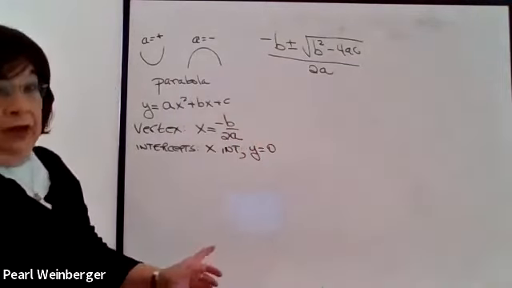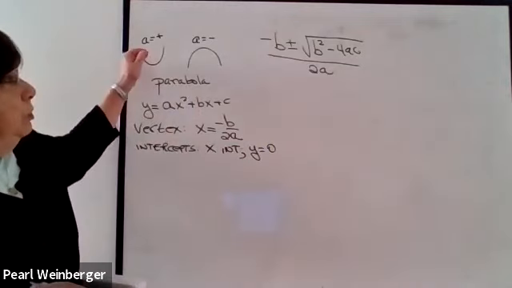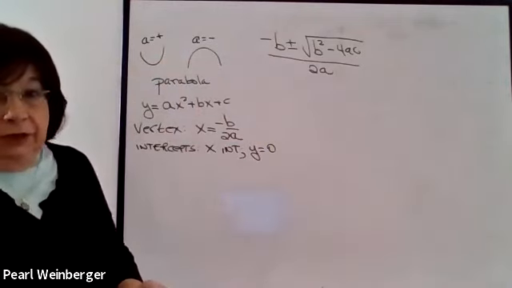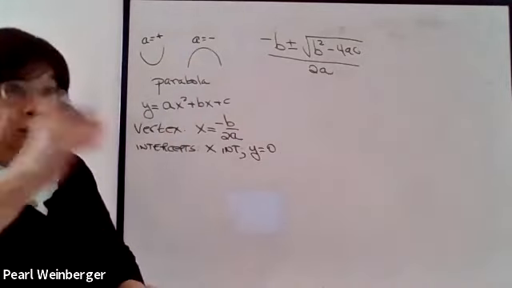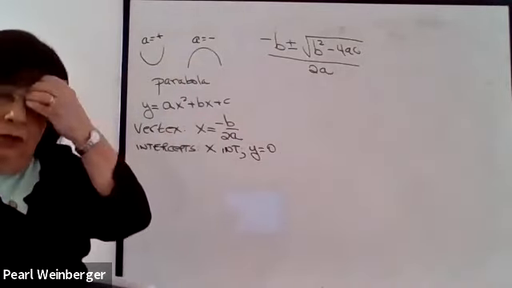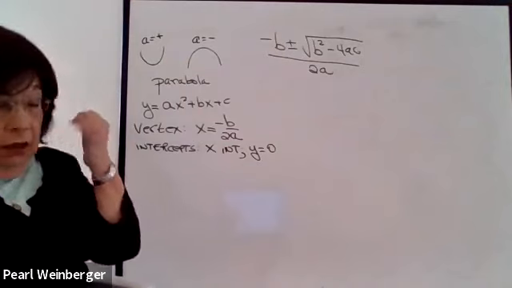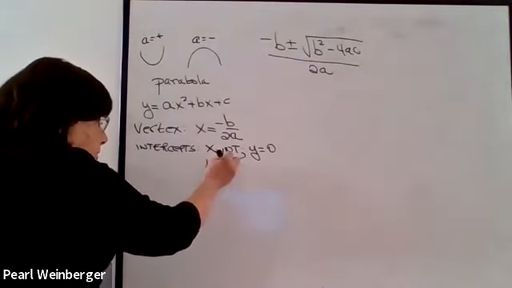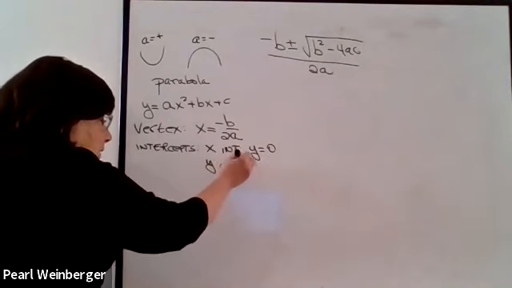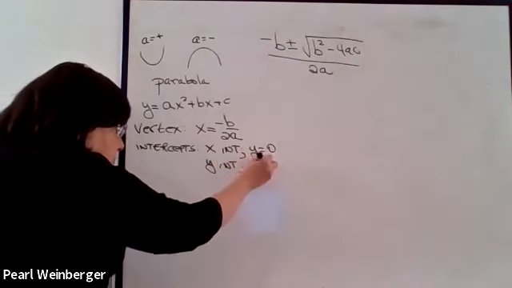And very often with a parabola, you can have two x-intercepts because it's not a straight line, it might curve over and hit the x-axis again. And then there's the y-intercept, where it crosses the y-axis, and that's when x equals 0.